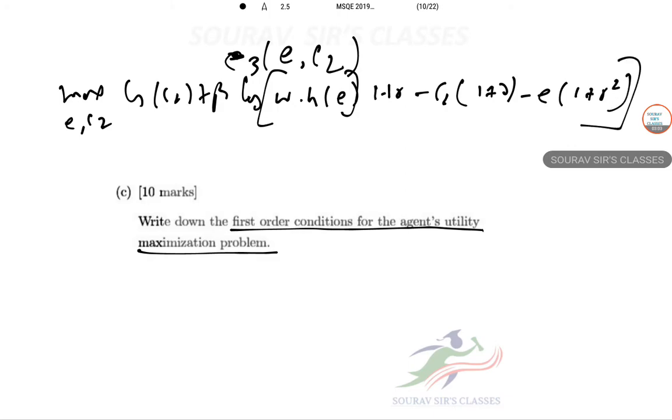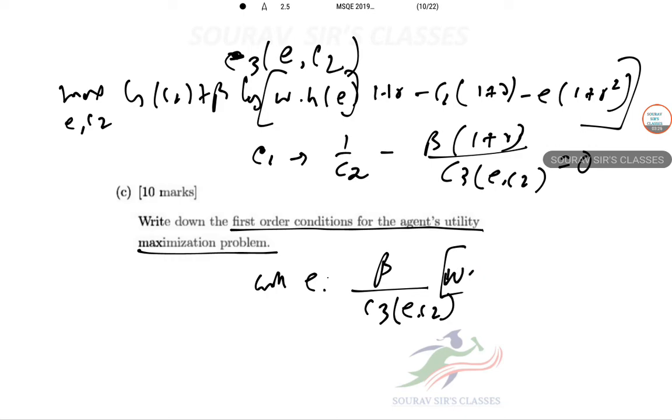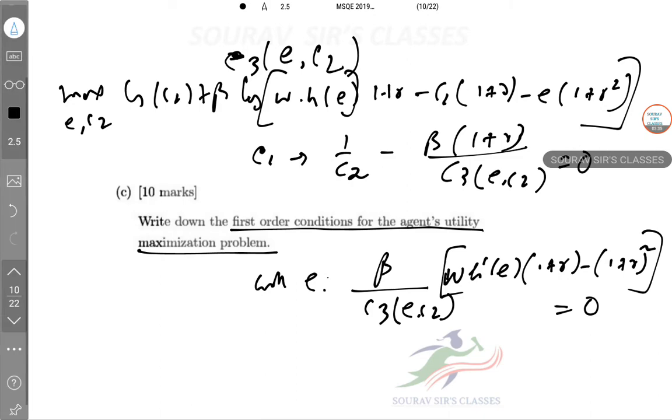So the first order condition with respect to C2 is 1 by C2 minus beta (1 plus R) by C3(E, C2), and with respect to E it will be beta by C3(E, C2) times [W H'(E) (1 plus R) minus (1 plus R) square]. So this will be equal to 0.